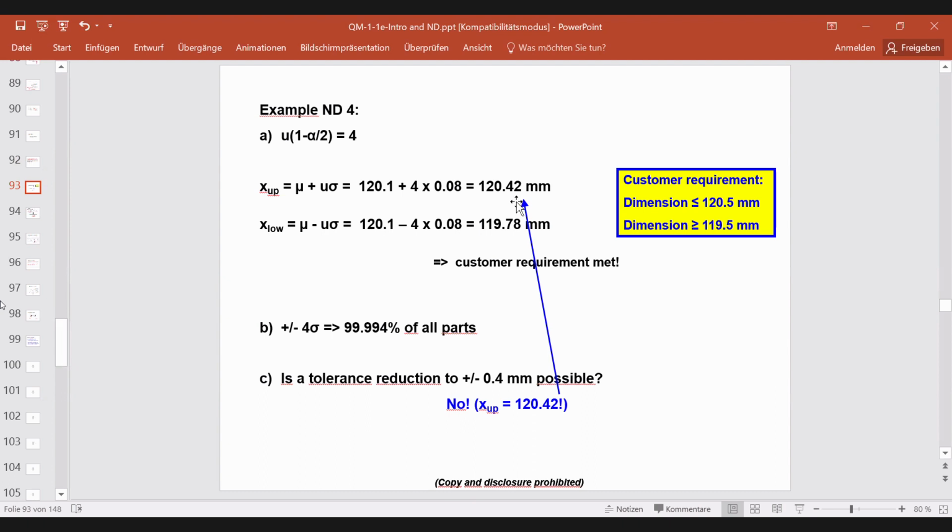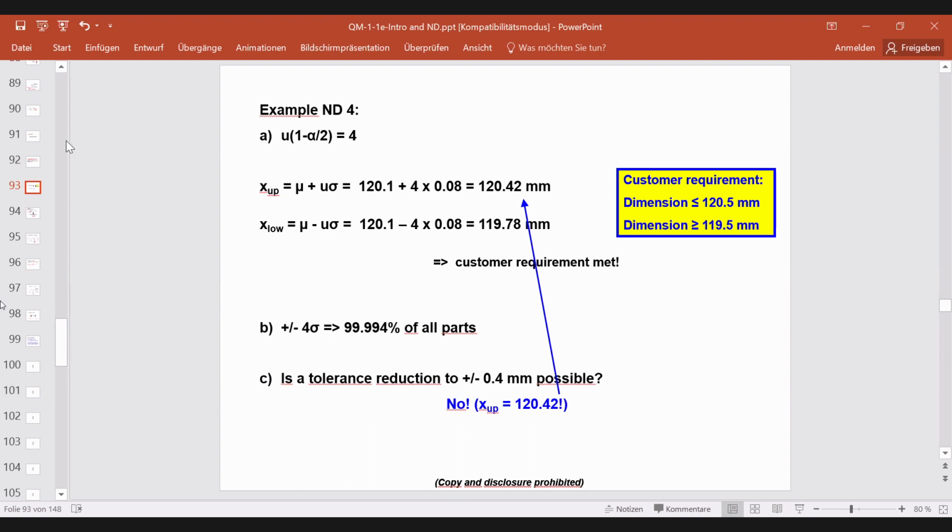And if you compare this with the specification limits, you see that x up and x low is between the tolerance. So you can say the customer requirement is met. So quality is okay, it is meeting the customer's requirement.